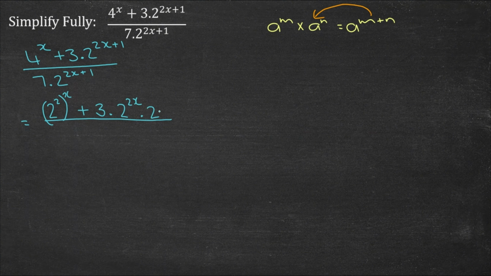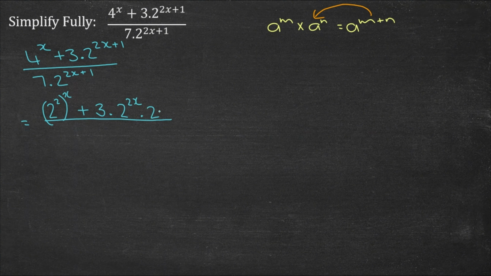Now this 2 to the power of 2x plus 1 also looks like this. So what are we going to do? Yes, we are going to do the reverse action. I'm going to write 2 as my base, then the first term in the exponent, multiplied, and the base, which is 2, to the power of 1. Okay, now I'm going to get rid of these brackets.